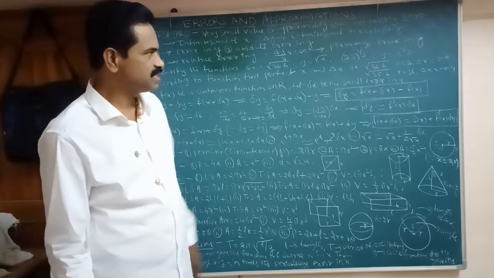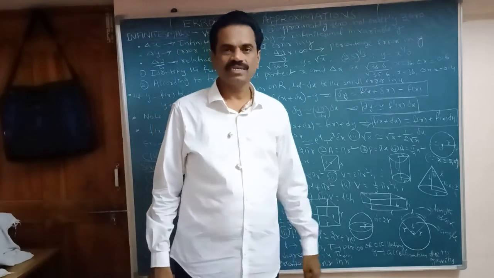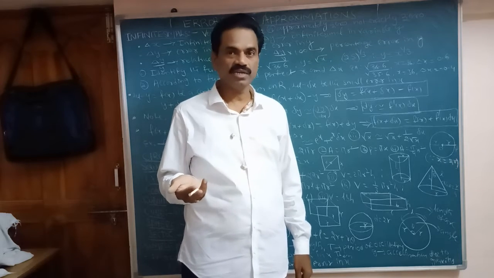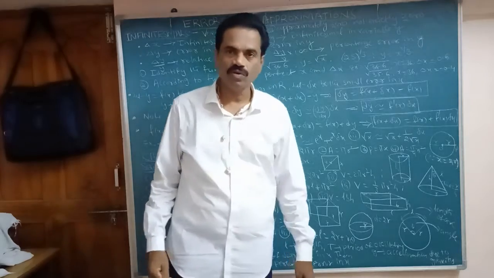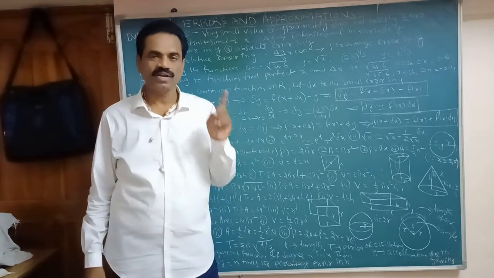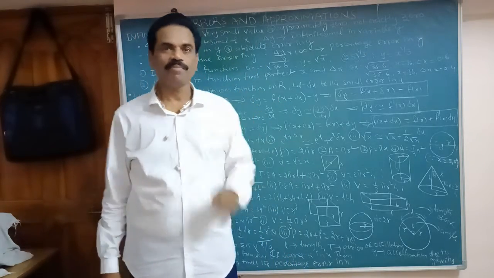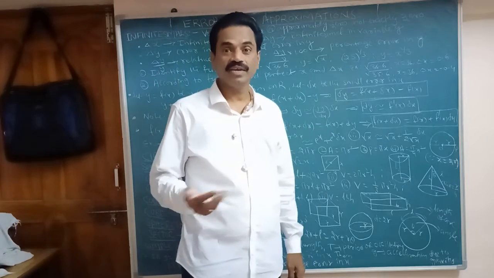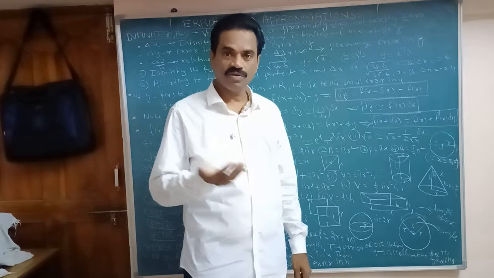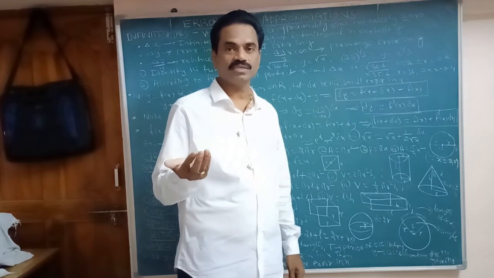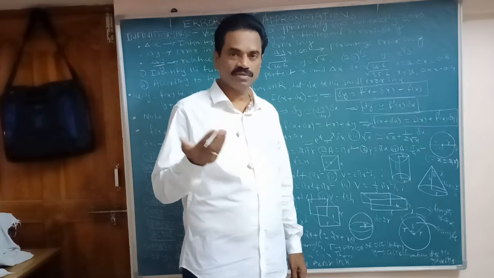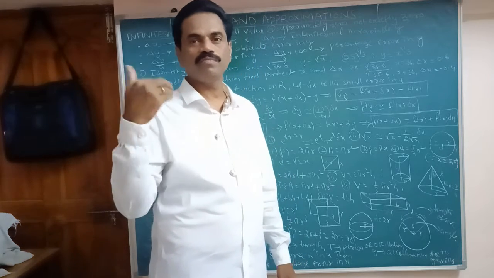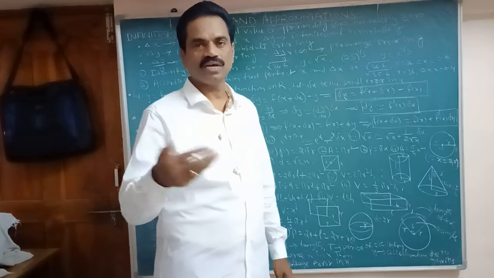For example, root 36.6. First decide the function: root is there, so y equal to root x, where x is 36 and delta x is 0.6. Suppose root 35.6 is given. The nearest perfect square below is 25, but the difference is large, so go to 36, the nearest.